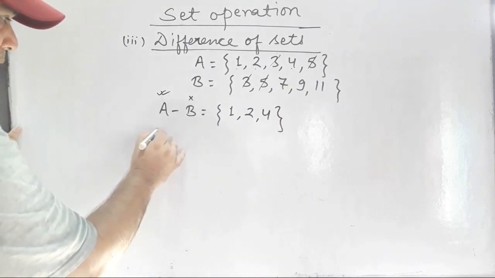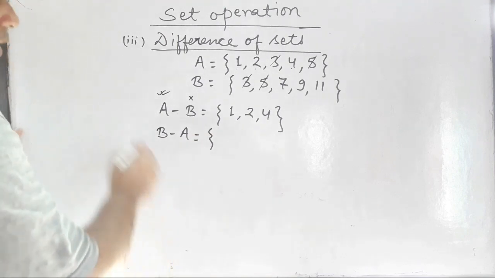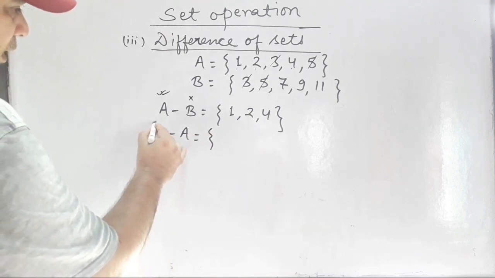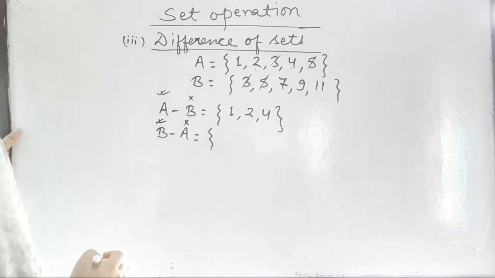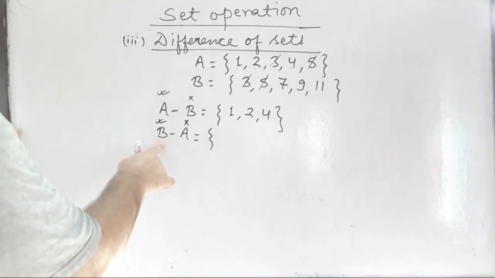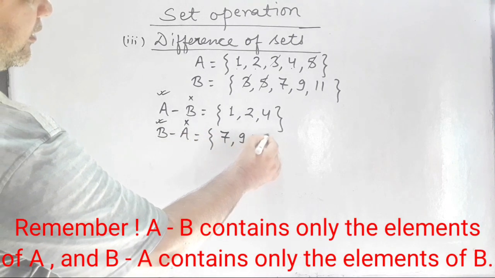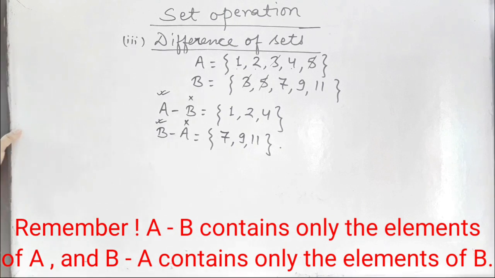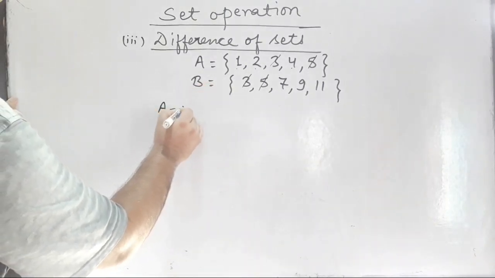Similarly, B difference A, or B minus A, is the elements that belong to only B but do not belong to A. So what are the elements that belong to only B? The elements are 7, 9 and 11. So in set builder method, how shall we write A minus B?